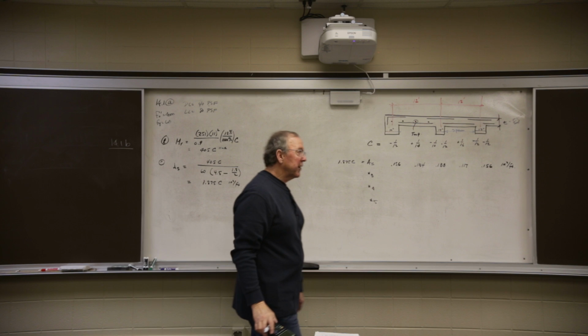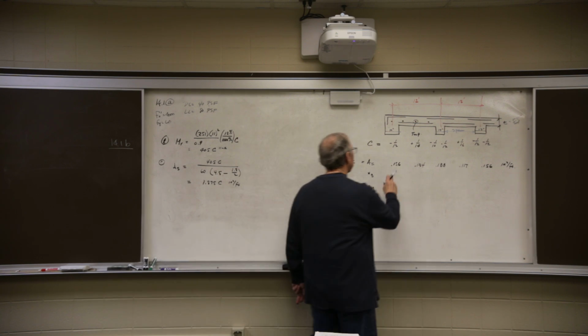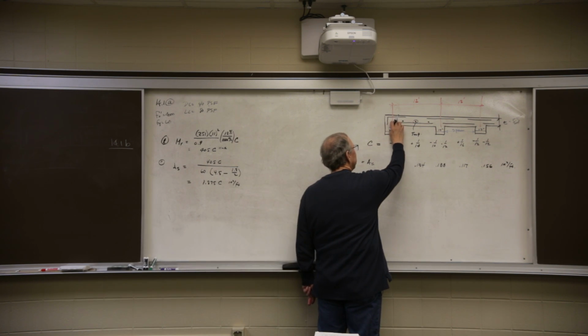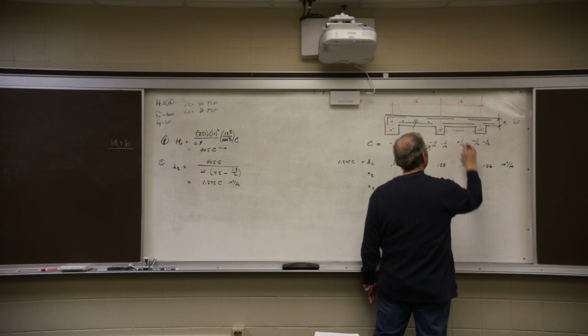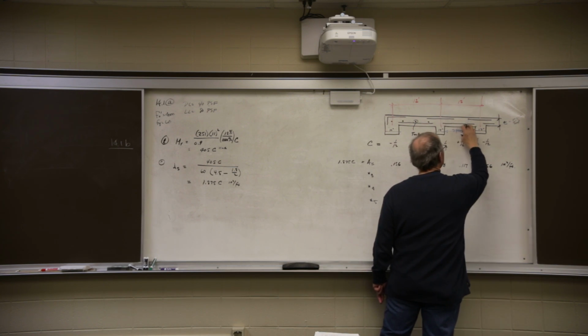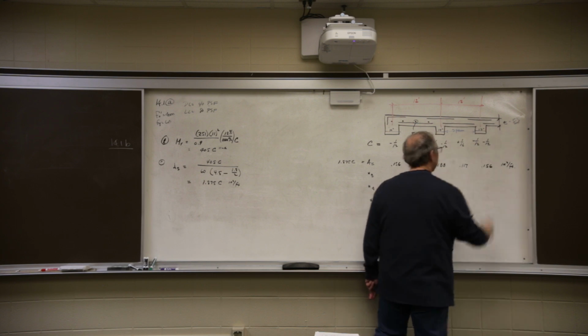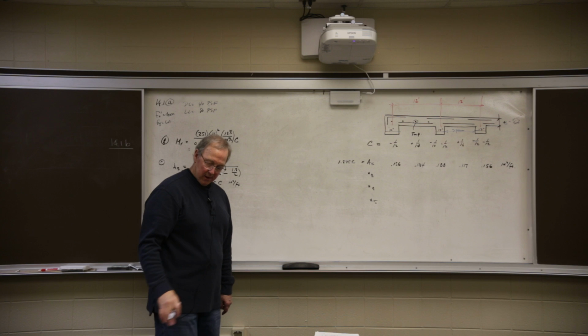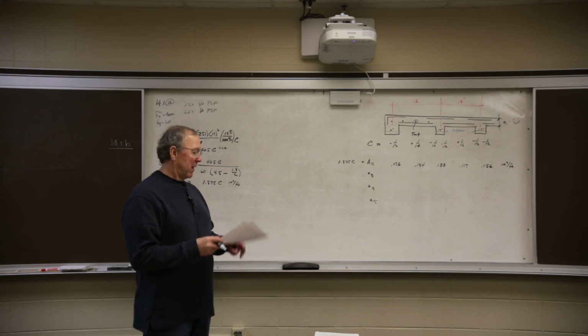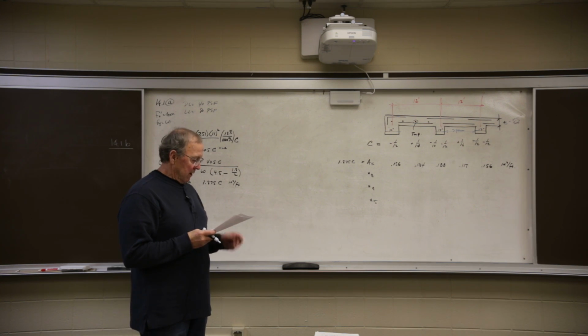So there's the area of steel for each of those cases. This needs to be 0.156, 0.134, 0.188, 0.117, 0.156. How do you do it? Same as we did before. What does it say?